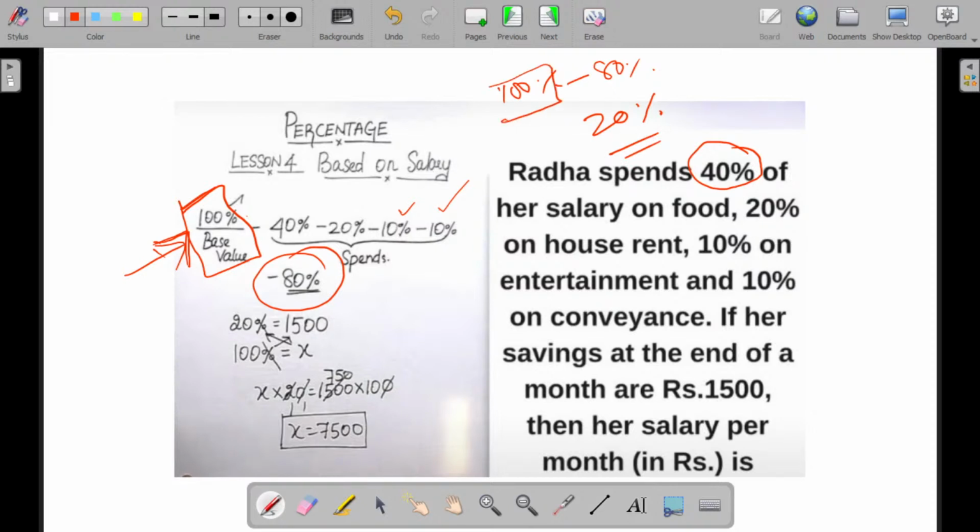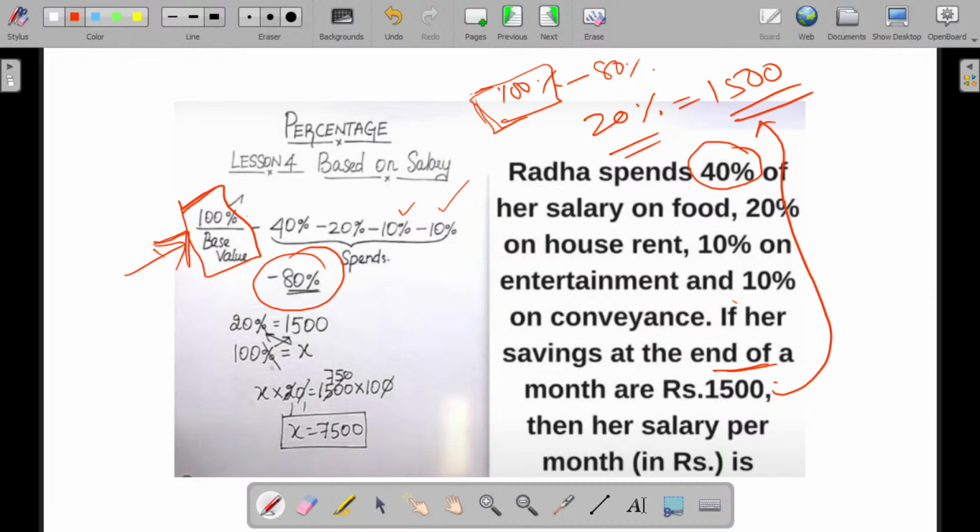So 20 percentage is left. Out of 100%, 80% she is spending, so 20 percentage is left, and what is left is mentioned at the end of the month: only 1500 is left. So the remaining 20 percentage is the 1500.